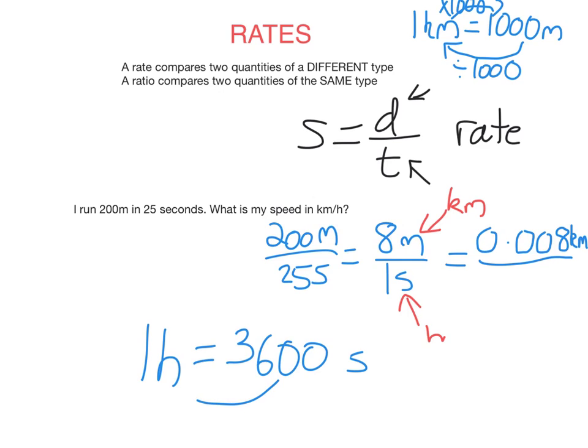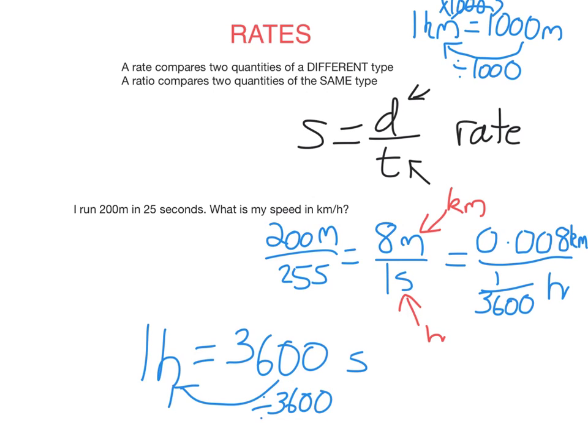If I want to go from seconds to hours, I'm going from 3,600 to 1. I need to divide by 3,600. So 1 second is 1/3,600 of an hour.